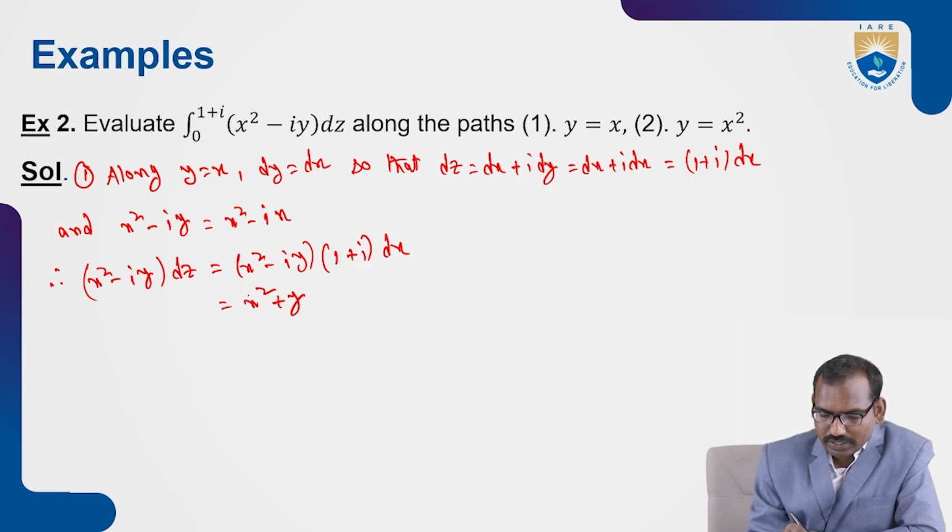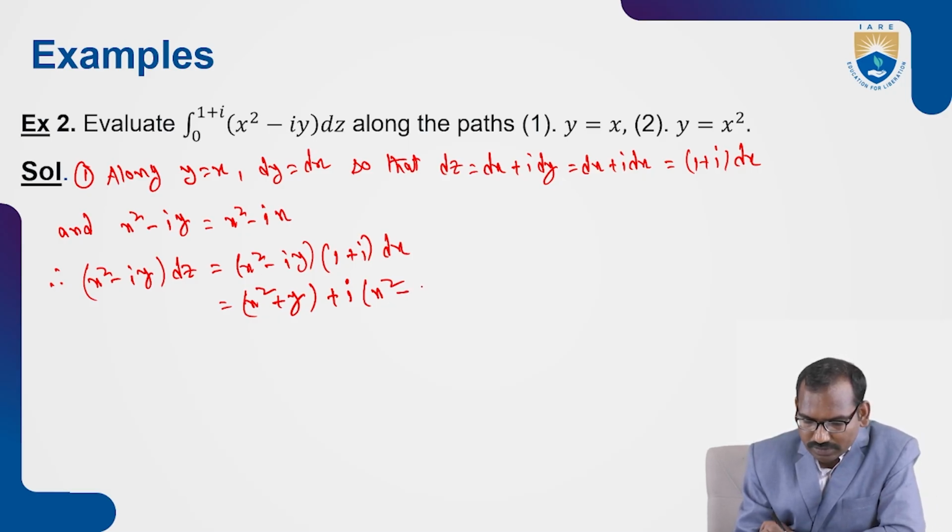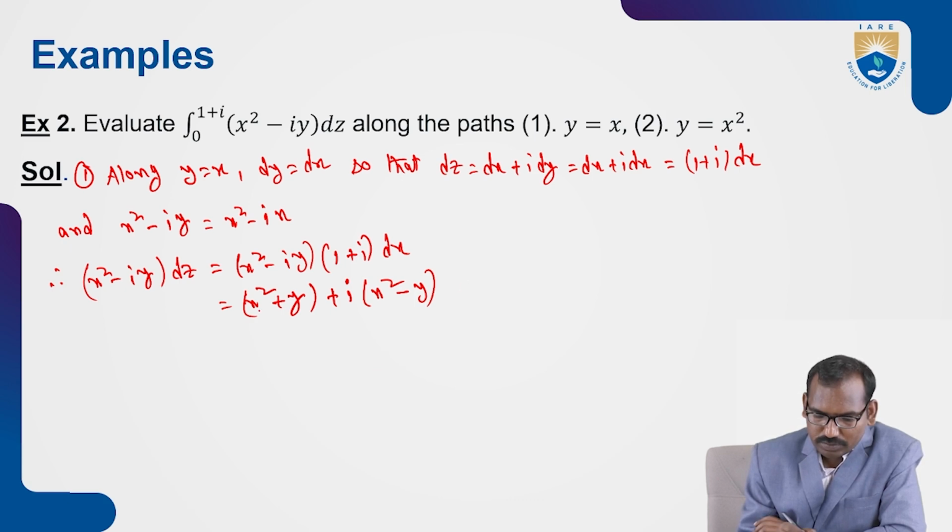x square plus y will be the real part, and now I will write the imaginary part. It is x square minus y, and both terms have dx.